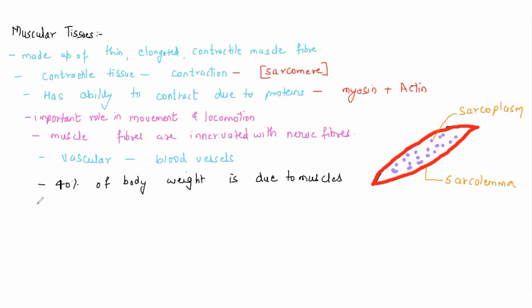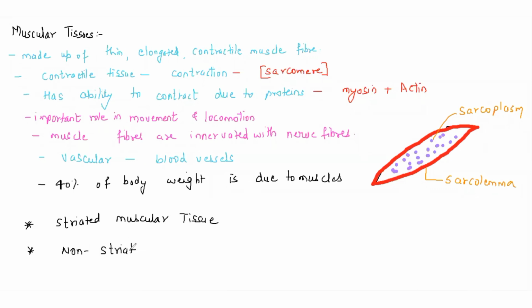Whenever we talk about types of muscular tissue, there are three types. One is called striated muscular tissue. The second is called non-striated muscular tissue.